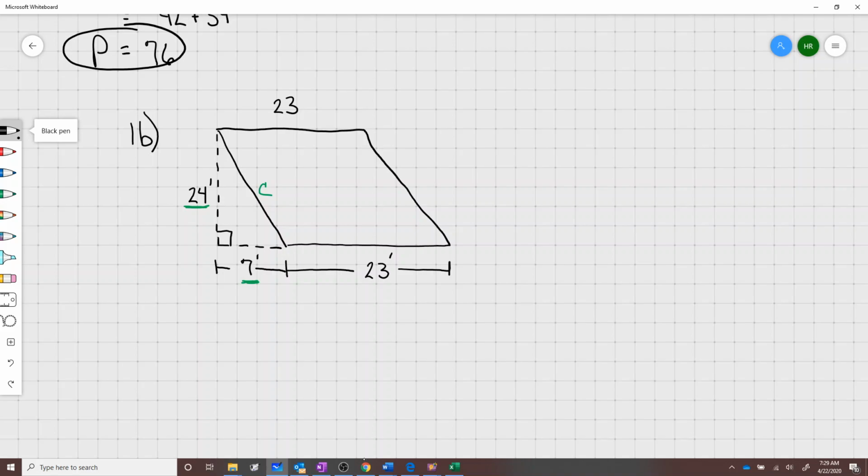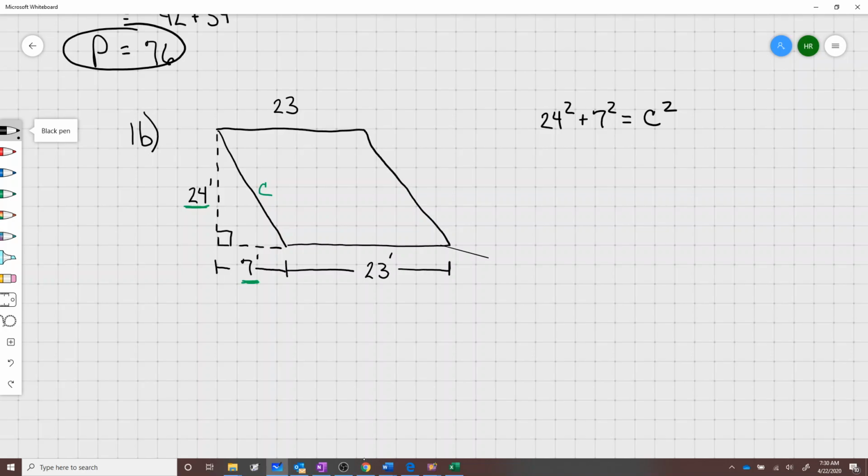So 24 squared plus 7 squared is going to equal c squared. So you can type that straight into your calculator. If I can get my calculator to cooperate.